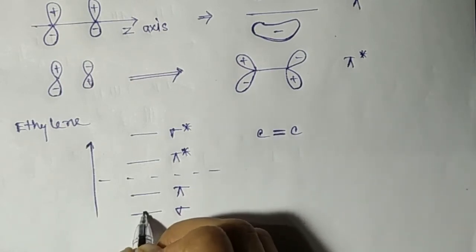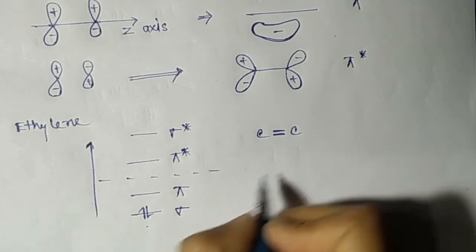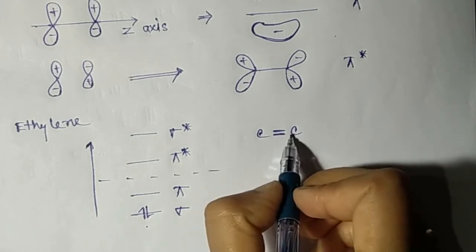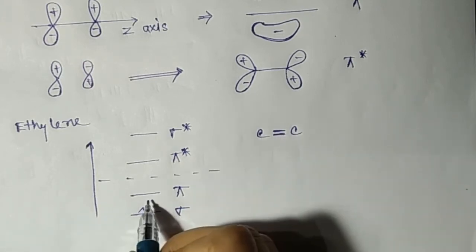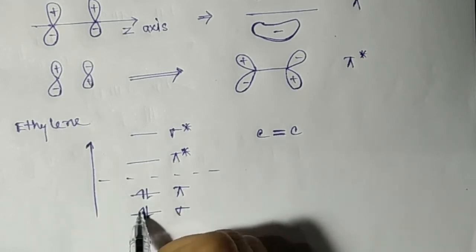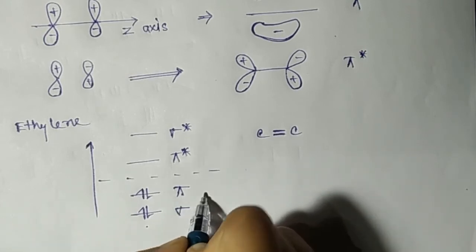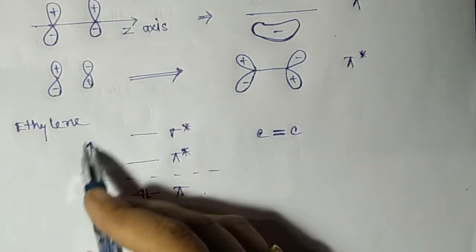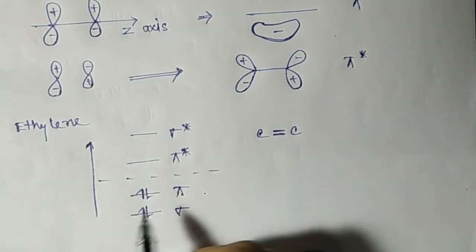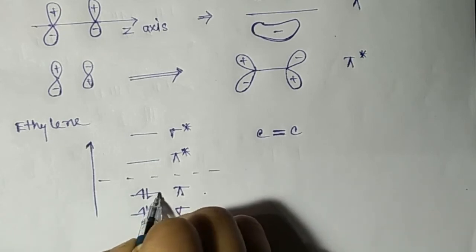That is why we write 2 electrons in this form. And we also know that the carbon-carbon pi bond has also 2 electrons. That is why we write 2 electrons in the pi bonding molecular orbital. So this is the overall molecular diagram of ethylene. So this is the highest occupied molecular orbital.